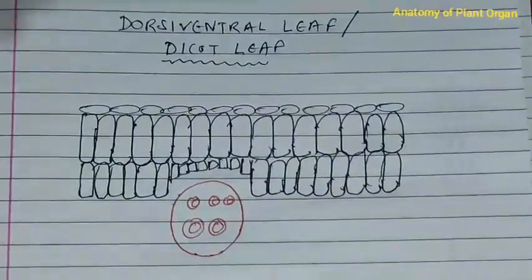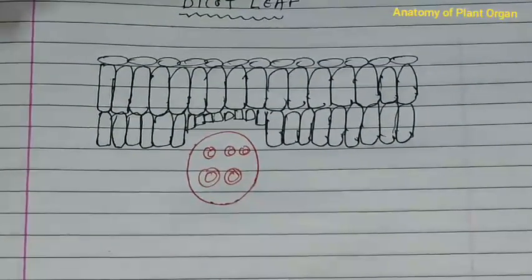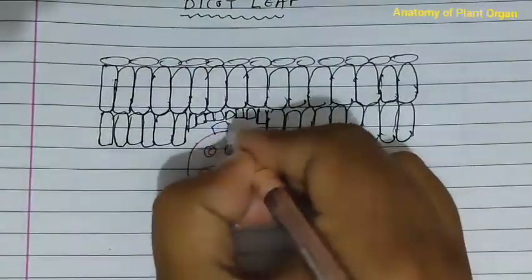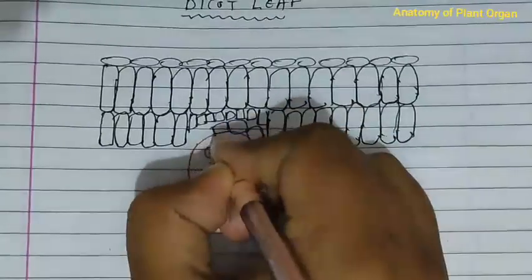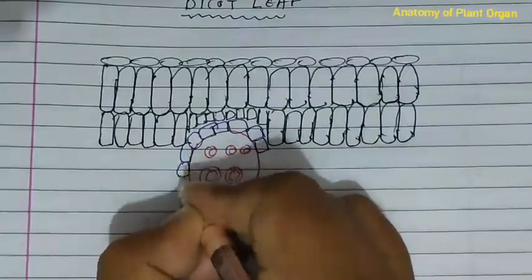These all are the palisade mesophyll. Here we will find bundle sheath cells, closely packed bundle sheath cell covering is found here.